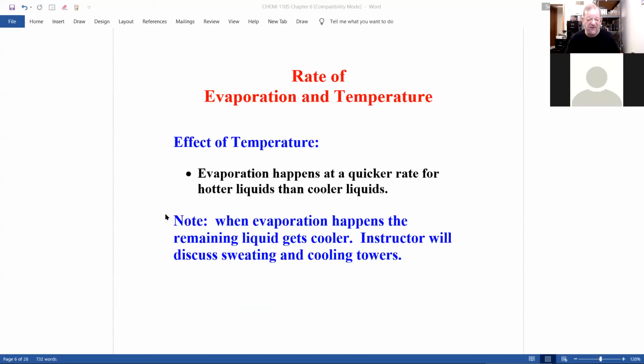So the hotter you have something, the more evaporation can happen. And one of the interesting things about evaporation is that when the liquid comes off something like your skin, it takes energy to evaporate it, and it makes it cooler.